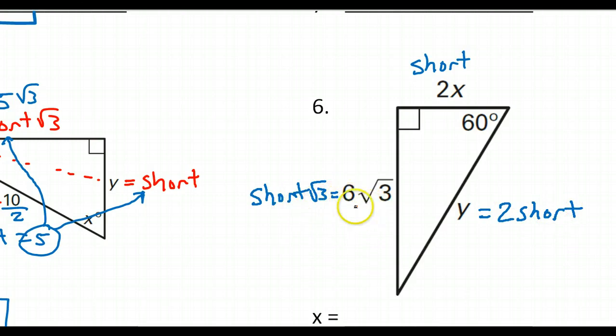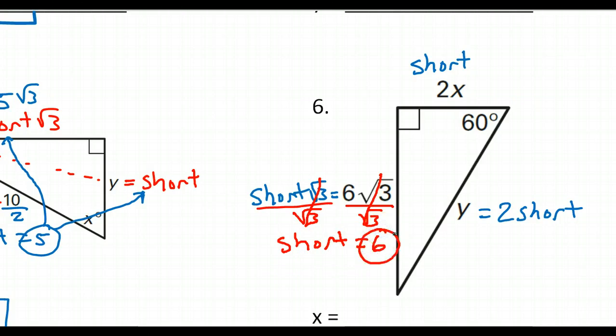The 6 radical 3 is the only side where I have no variables, so I'm going to start with this. If I want to find that short leg, I can just divide both sides by radical 3 right now. That way both of these radical 3's cancel out, and that tells me that the short leg is equal to 6.